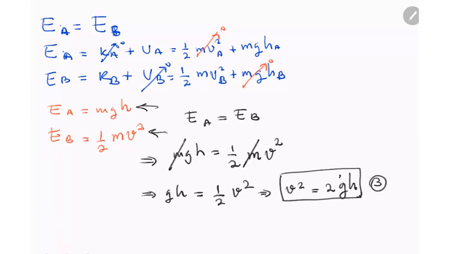Okay, guys? Well, if we remember, this velocity is the velocity with which the particle leaves the sphere. This is the velocity that the particle has when it leaves the sphere.